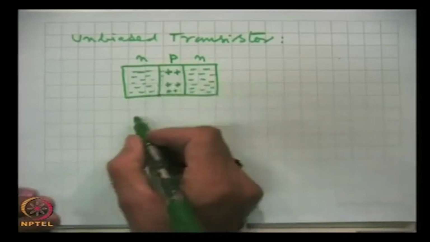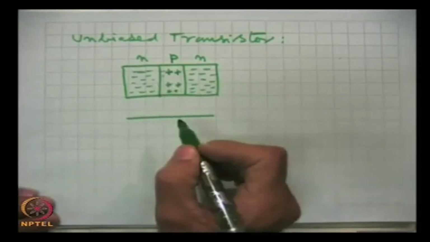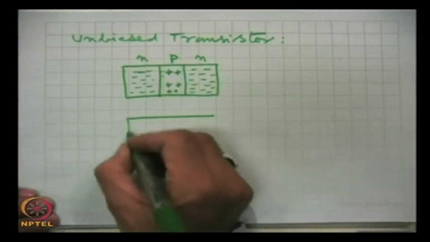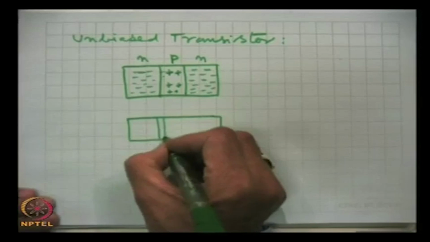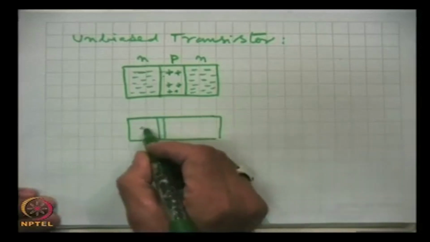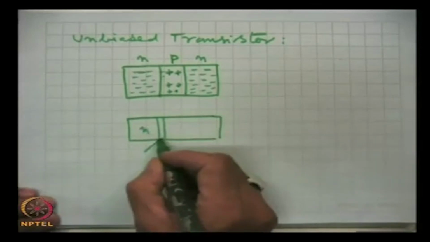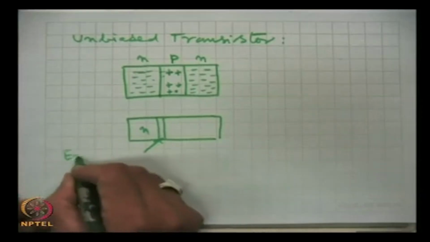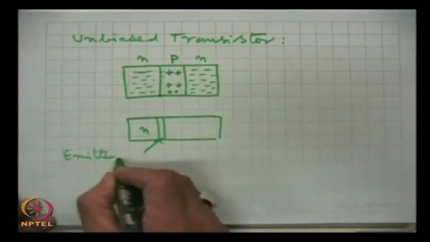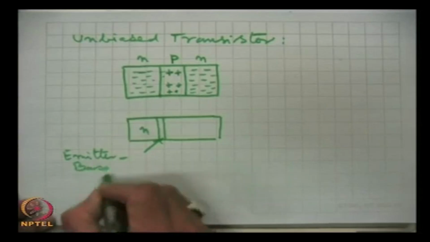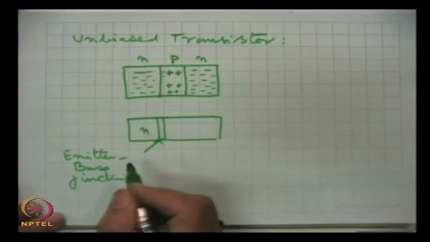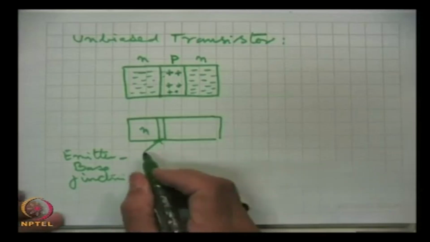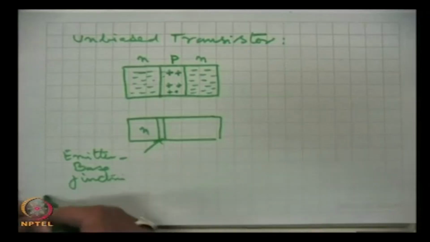So, a junction is formed here, and that junction is called the emitter base junction. Popularly it is enough to write it as the emitter junction.